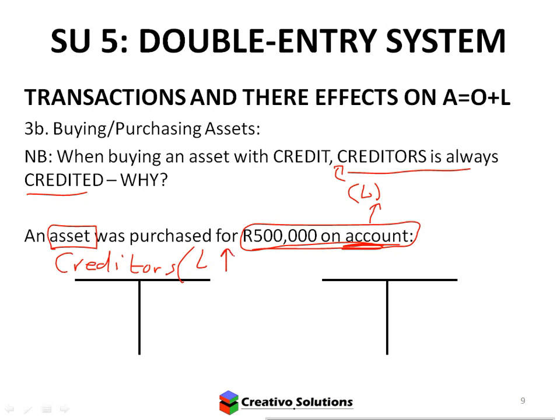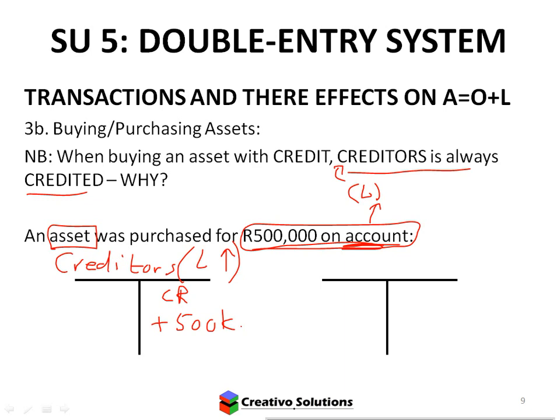You know that if I'm buying on credit, I'm going to owe more, I'm not going to owe less. That's logic, right? Okay, if you buy something on credit, that means you're going to have to repay in the future. Okay, so now look at your 6 rules. Where do liabilities increase? On the credit side. That's why I'm crediting 500,000. Make sense? Jot it down, write it in, make sure you've got it.